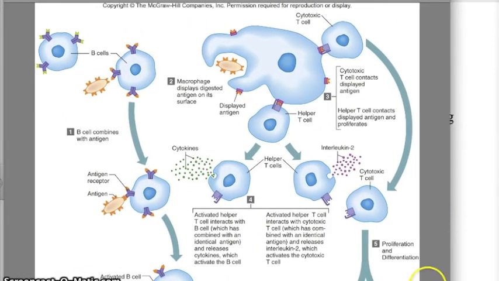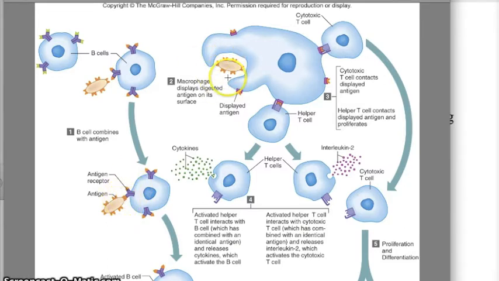So if we kind of look at it all together, we see this antigen's floating around in the tissues. Here's our antigen, or our pathogen with antigens on its surface. So our B cell that recognizes that pathogen, and we saw this picture a little earlier, is going to dock with that antigen, get this antigen receptor combo going on.